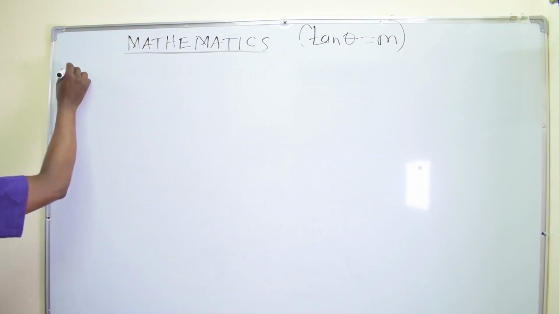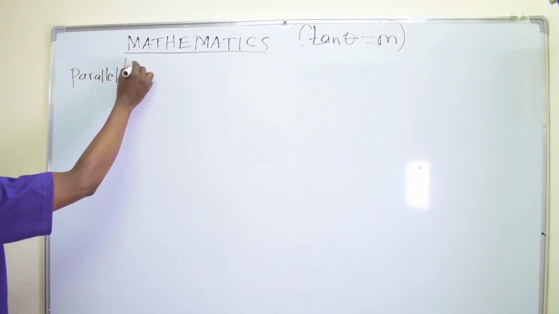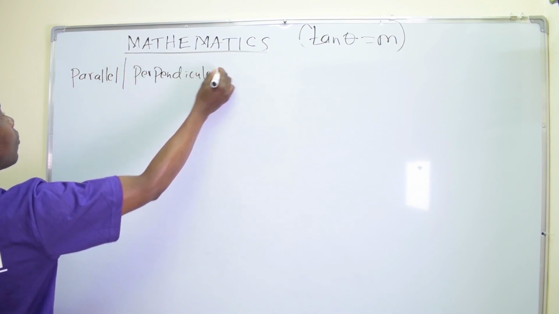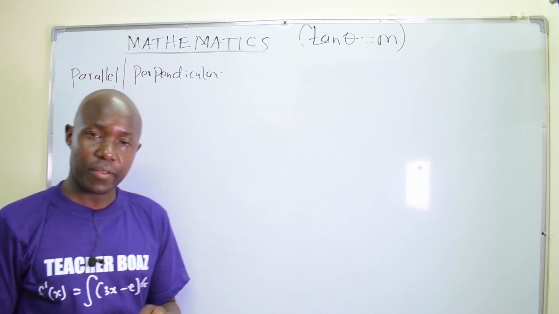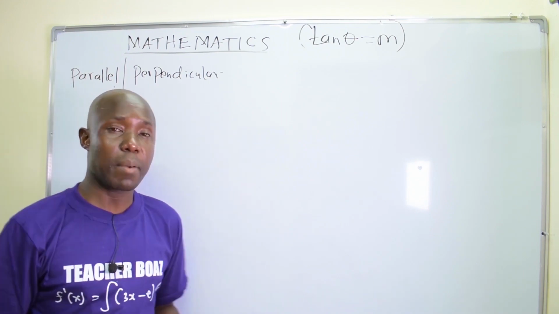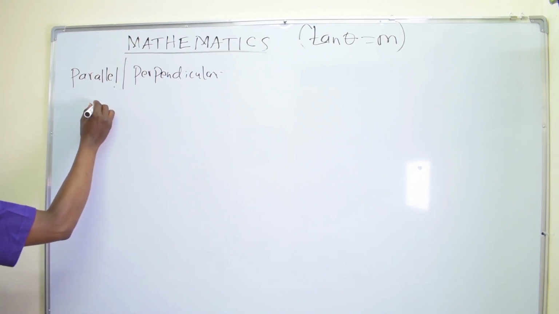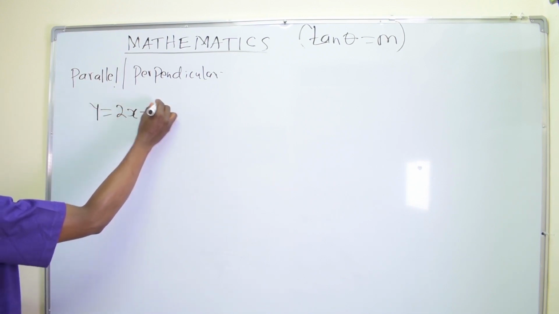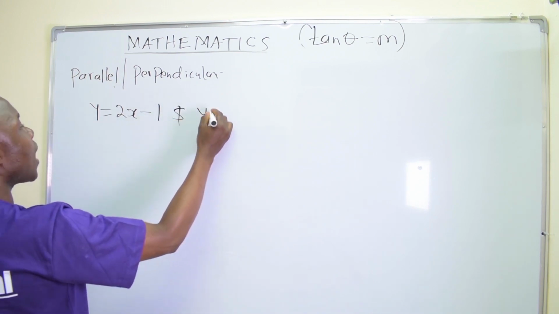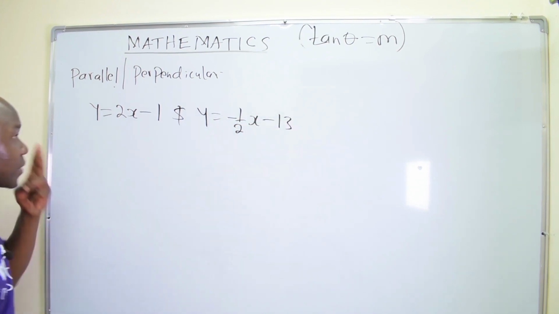Okay? So I want us to also learn something about parallel lines and perpendicular lines. What do we know about the two lines when we say it is parallel and we also talk about the perpendicular? An example here is, if I give you a line y is 2x minus 1, and I give you line y is negative a half x minus 13.